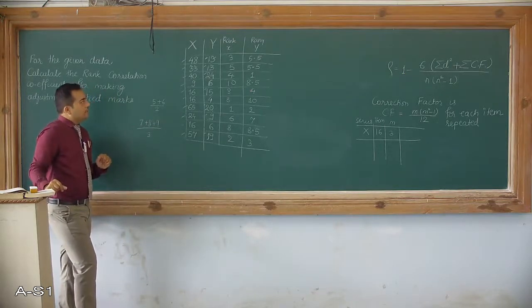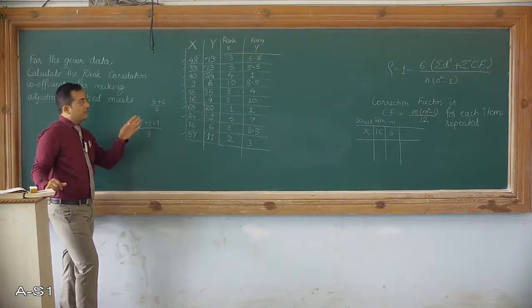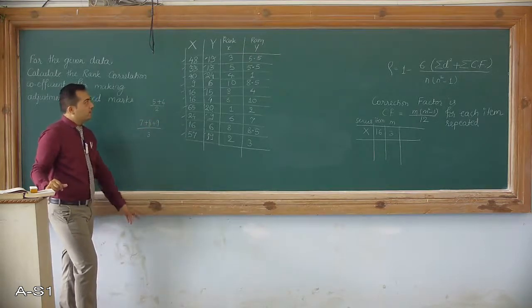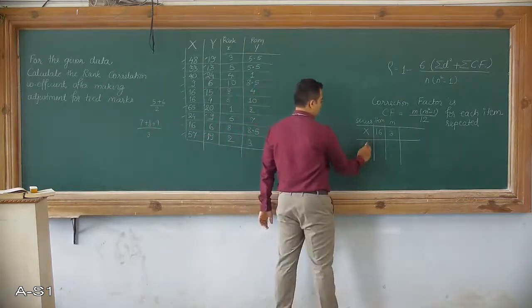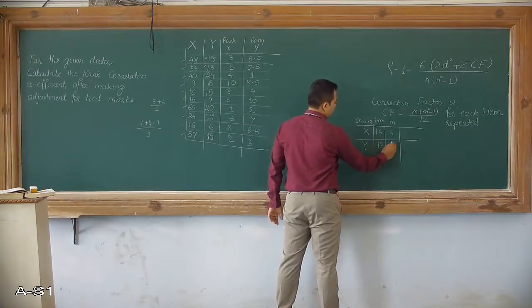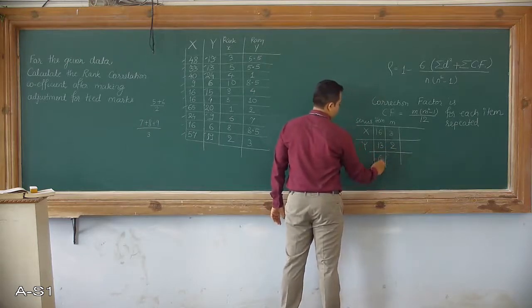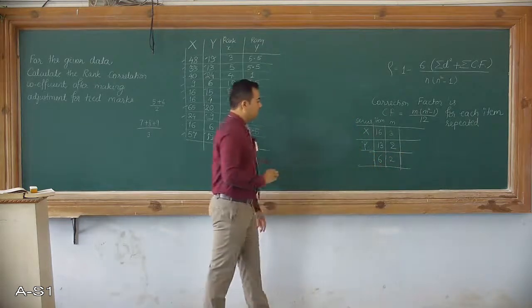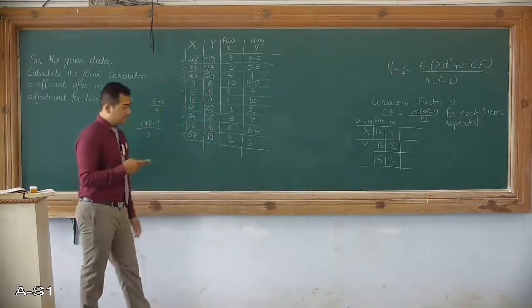Okay. Now next thing is we need to calculate, as usual, the deviations between the ranks of X and Y. Then square those deviations, and their summation is what we require. Now we'll also note from the Y series that 13 is repeated 2 times and 6 is repeated 2 times.